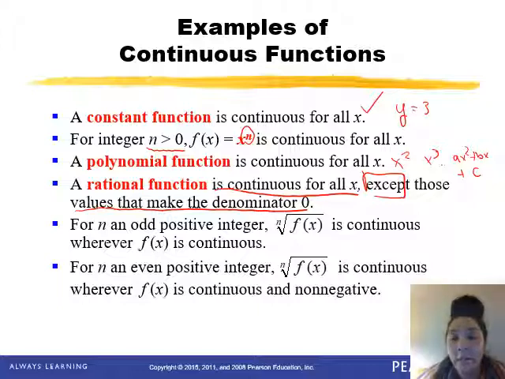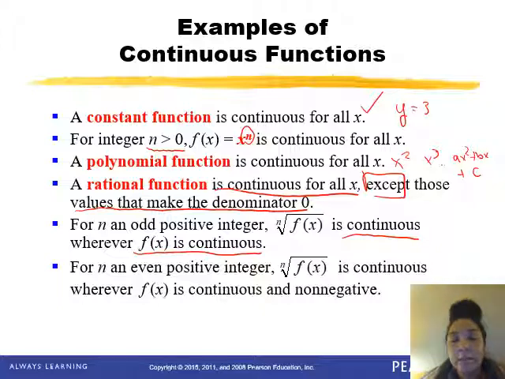Odd positive roots, so this is a cube root, the 5th root, 7th root, etc., are continuous as long as f of x is continuous. So if there is a point where f of x is not continuous, this root is also not continuous.